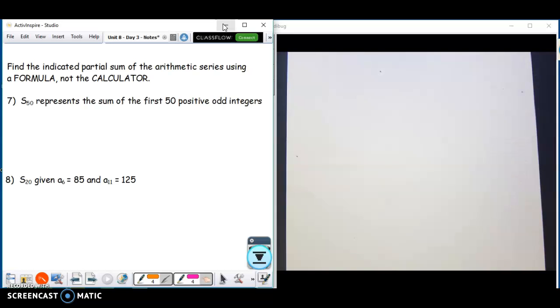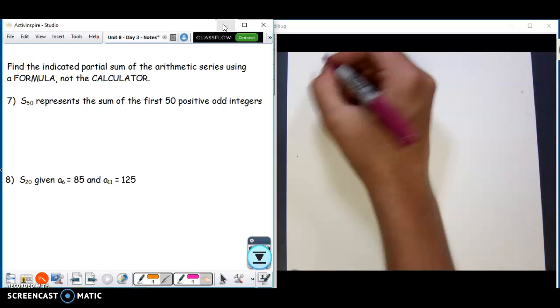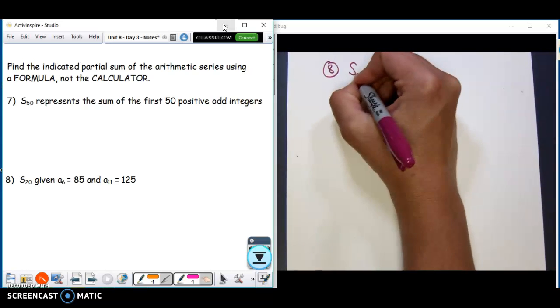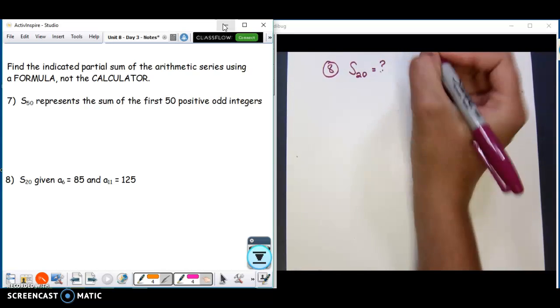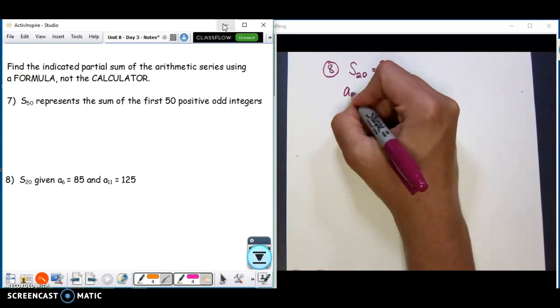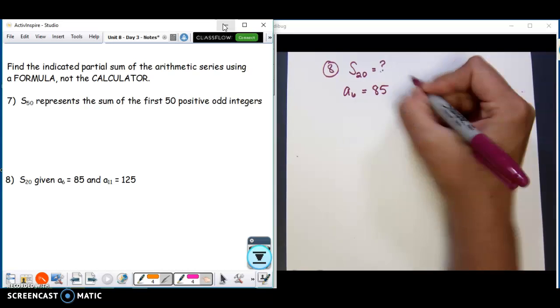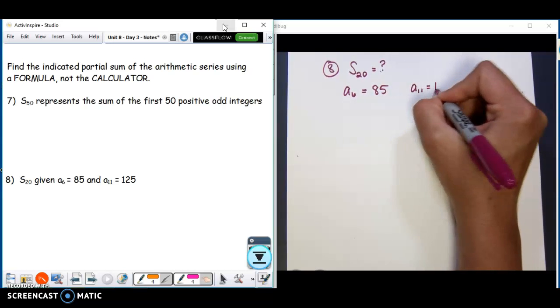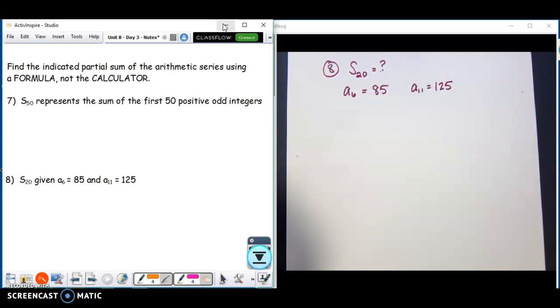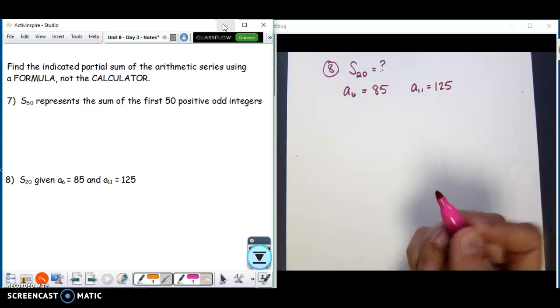Okay, so for number 8, we're trying to find S sub 20, so we're trying to find the sum again. Given that A sub 6 is 85 and A sub 11 is 125. Okay, so let's just go ahead and write down the formula we're going to need.